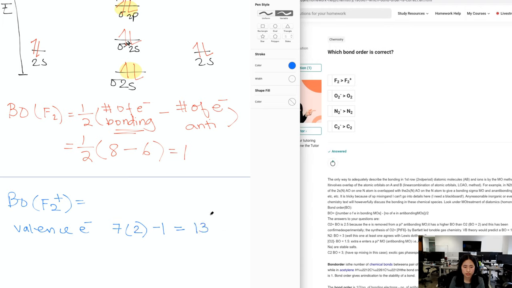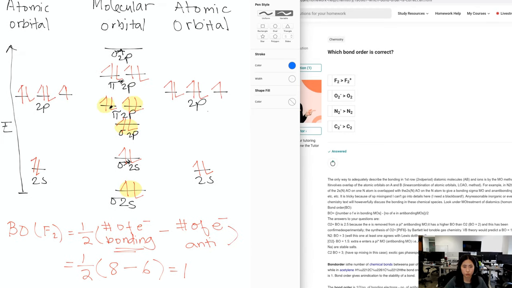Because this is 13, that means in your molecular orbital diagram, or MO in short, you would have 13 electrons. We're starting from sigma 2s because that's the lowest energy orbital. I'm just going to draw it on the right side, right here. So 1, 2. We need to fill this and make sure it's 13.